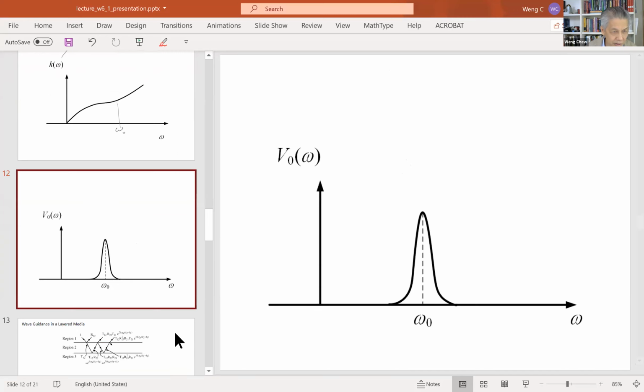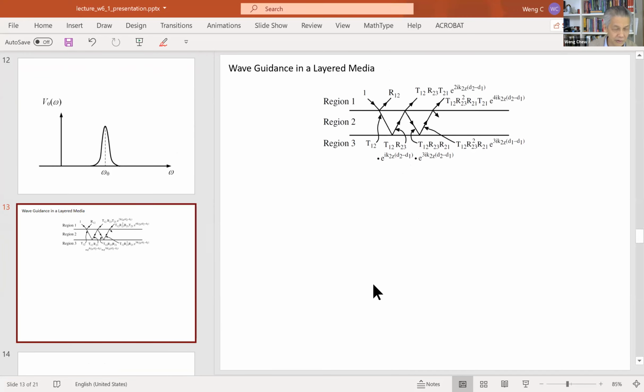So let's move on then. Let's move on to studying wave guidance in layered medium. And before I do that, I'd like to rewrite the generalized reflection coefficient again for you.